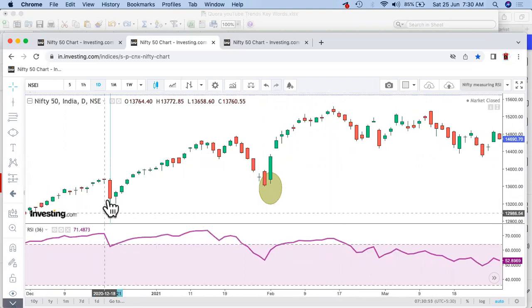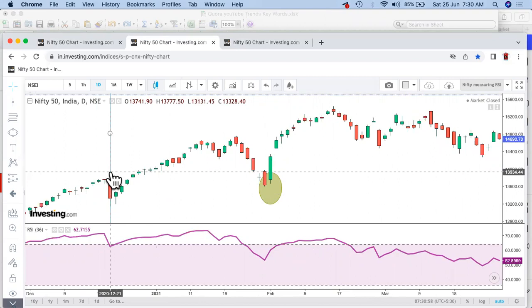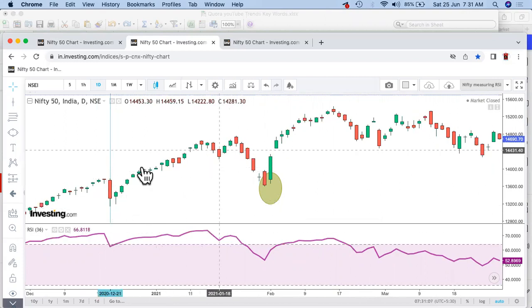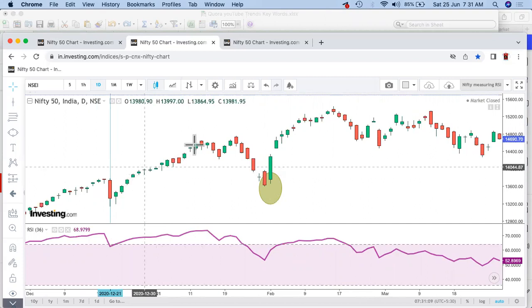Now, if I see at this point, probably when the market has come down, the RSI was 62.7155. Let's consider it as 62. Now, after that, the price has started moving up. With this part, probably the RSI should also be going up. So it has been moving up. Here it was 71 and here it was 73. So of course, with the price, the RSI has also been going up.